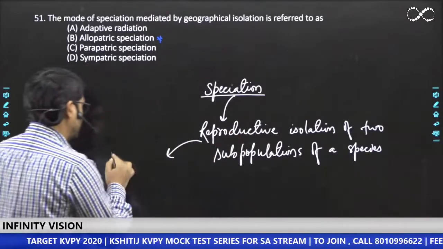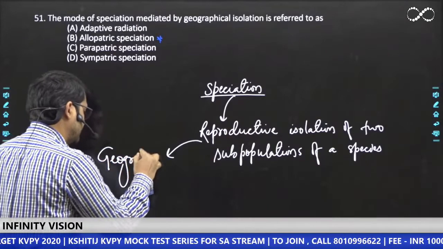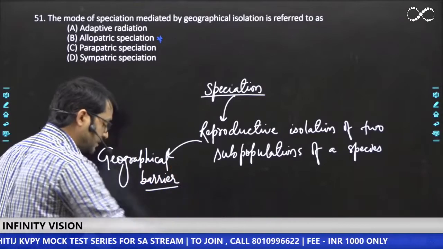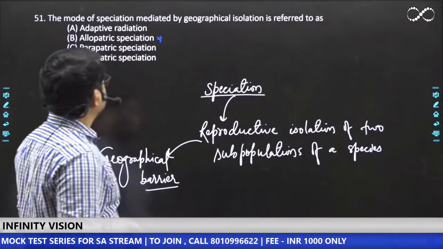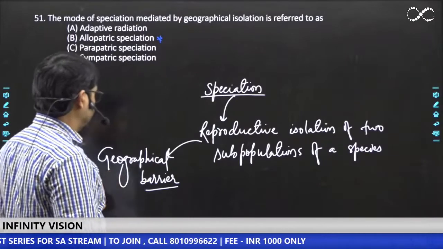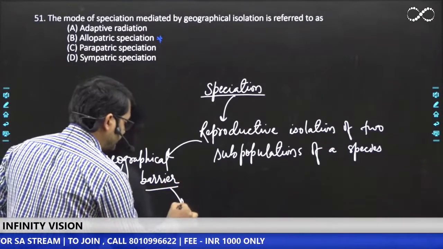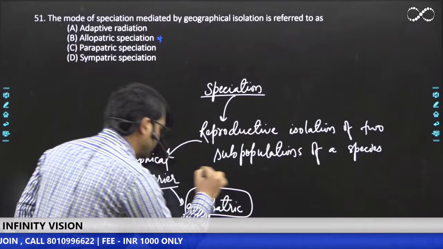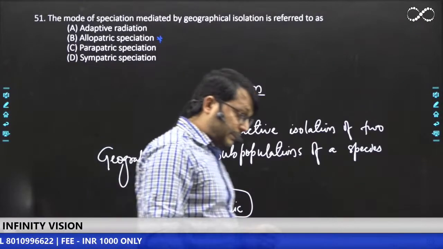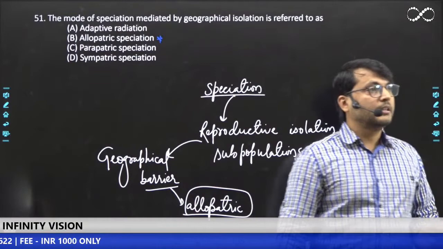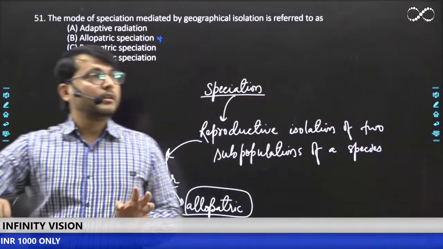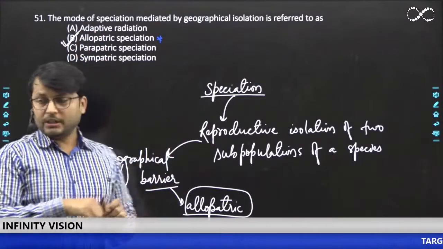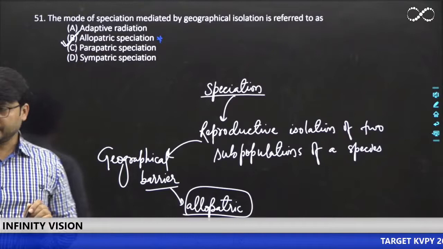So if this reproductive isolation is brought by geographical barrier, then we call it allopatric. And if not, if there is some barrier other than a geographical barrier, then we call it sympatric. Okay, great. So very good, Akhil. So the answer is allopatric speciation, the correct option.